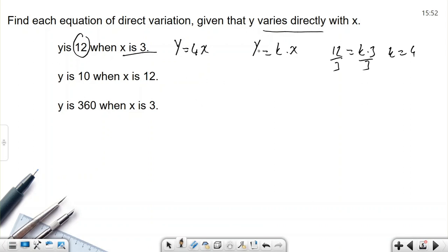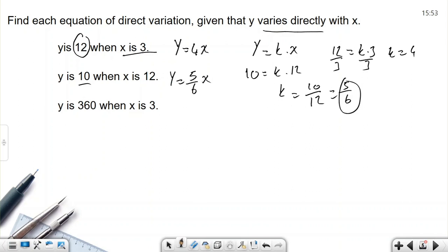For the second one, I'm going to use the same rule. y is 10 when x is 12. So 10 equals k times 12. Here I can find k equals 10 over 12, which is 5 over 6. So I found the constant rate, the rate of this equation. So I can write y equals 5 over 6 times x.